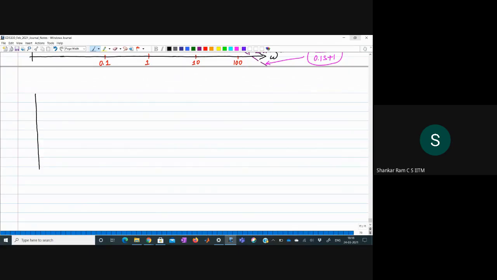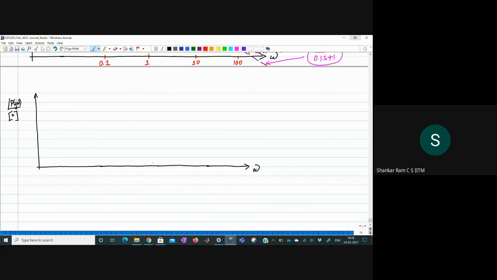So if we plot it, let me carefully plot the phase of the three factors. This is omega. This is the phase of P of j omega in degrees. So let's use the same scale.